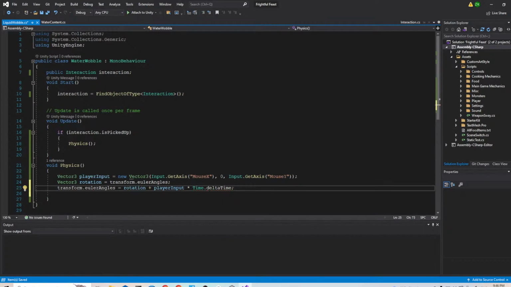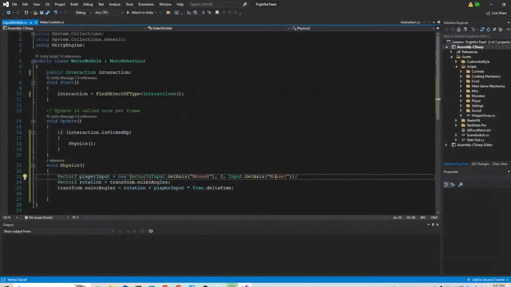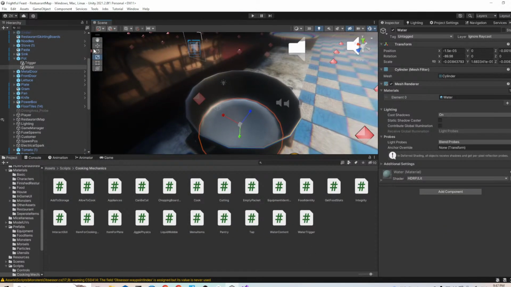And this will do multiplication before, I'm pretty sure, but I'll just put it in brackets just to make sure. Or do we want, I'll just do the whole thing. Okay. Let's see how that goes. I have no idea how it will go.